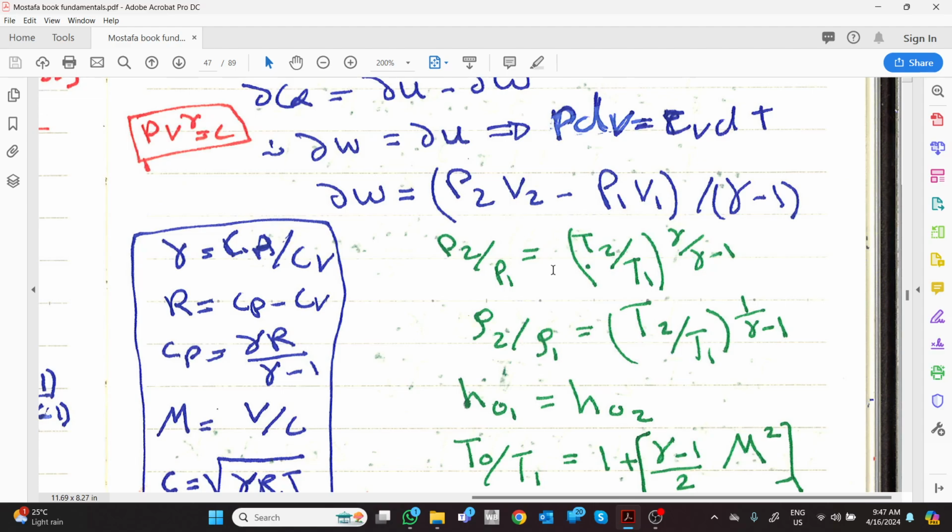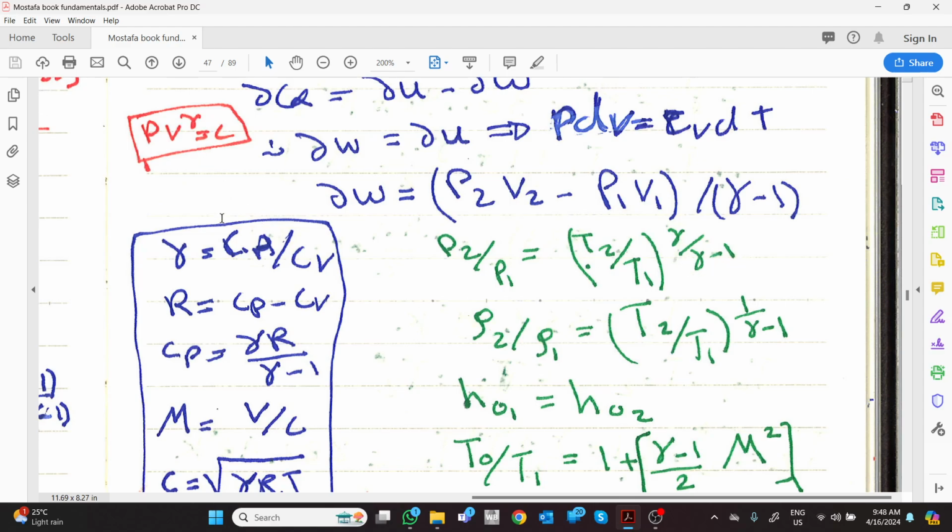Okay, so based on that definition, (P2V2 minus P1V1) divided by gamma minus 1, because gamma equals Cp by Cv, and we know that P2 over P1 equals (T2 over T1) to the power gamma over gamma minus 1.